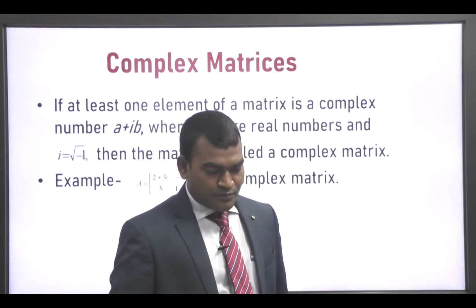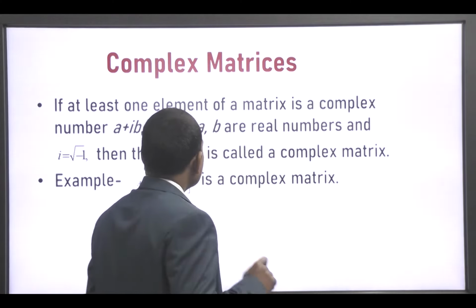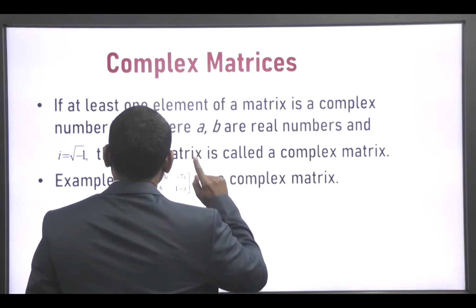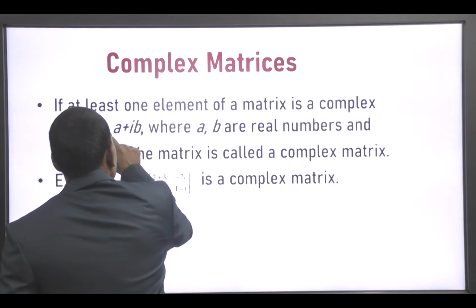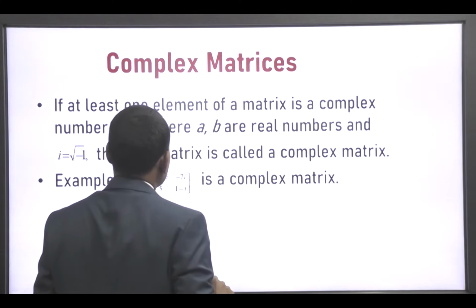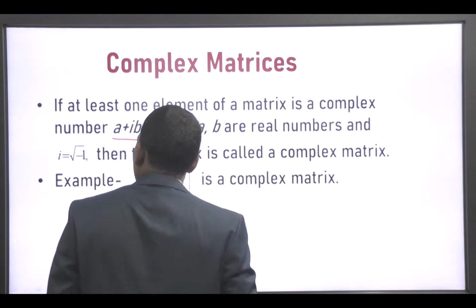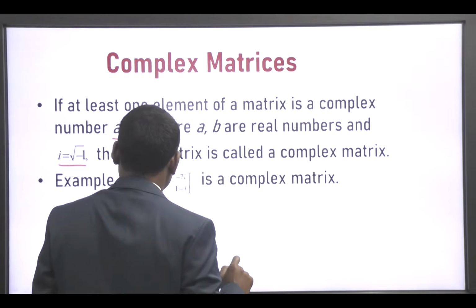So, let us see what complex matrices are. A complex matrix is a matrix in which at least one element is a complex number a plus iota b, where a and b are real numbers and iota is equal to under root minus 1.